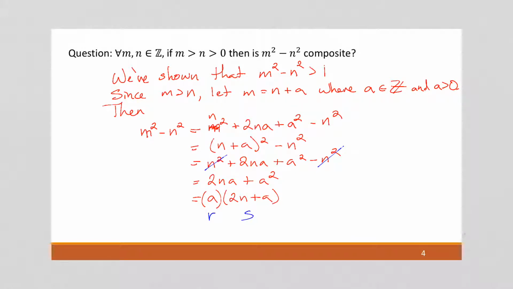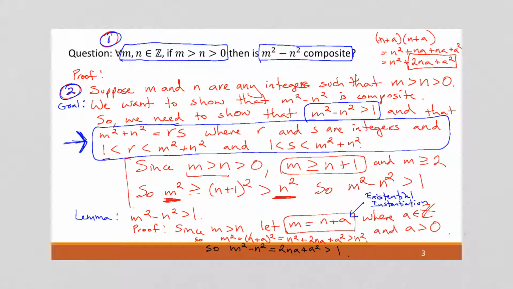Well, R times S gives m squared minus n squared. So this looks like it works on the surface, except we still need to prove this part, that R is greater than 1 and less than m squared minus n squared, and S is the same.